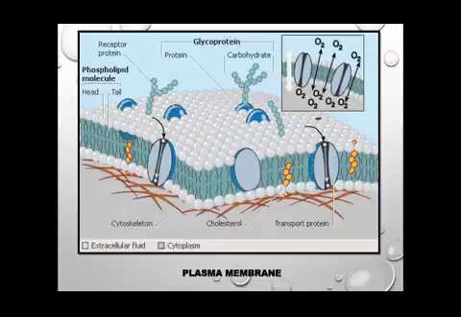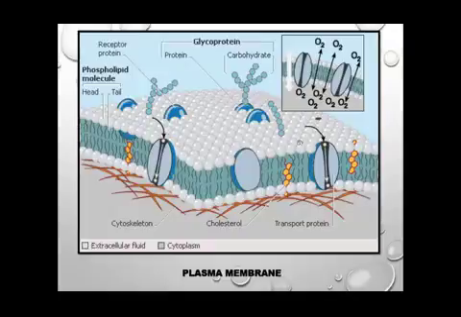So this is the structure of the plasma membrane. There are many models which explain the structure of the plasma membrane. One is the fluid mosaic model, one is the lipid bilayer model. These you will study in your higher classes. So here you just have to see how these substances, in this case oxygen, move out of or into the cell through the plasma membrane.